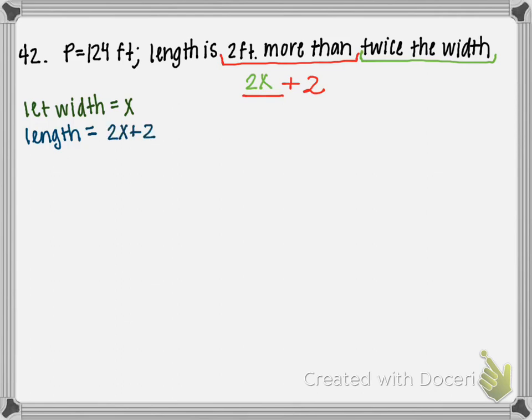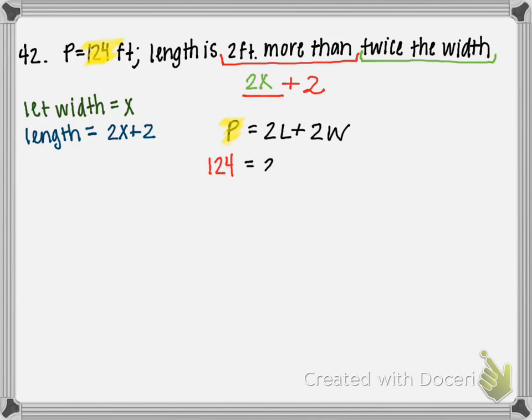So we're going to need these two expressions to plug into our perimeter formula, which is P equals 2L plus 2W. Our P is 124, so that's going to go right here. And then we'll fill in the rest of our formula.